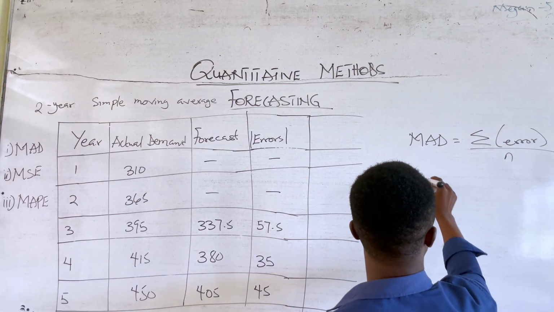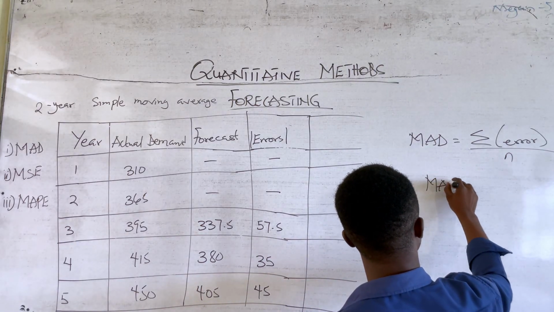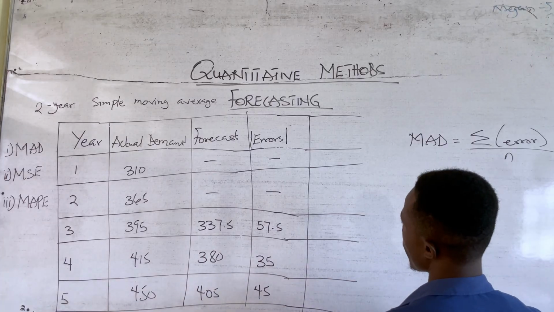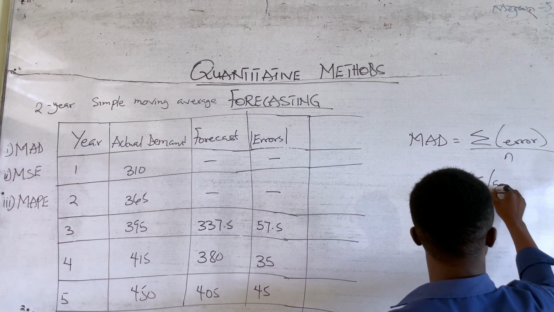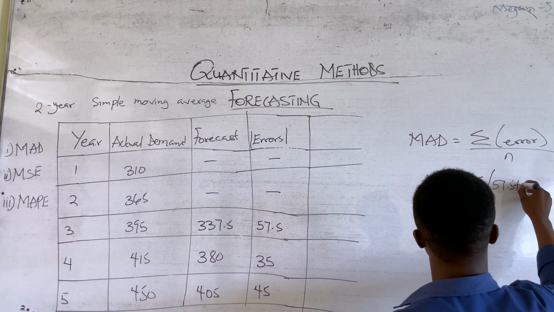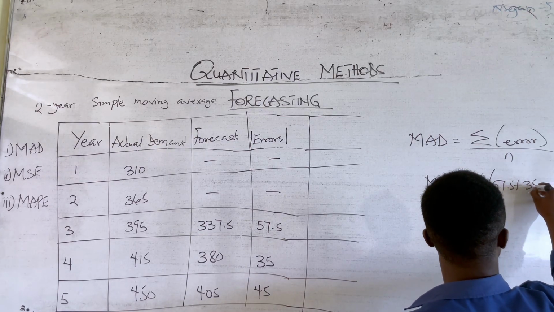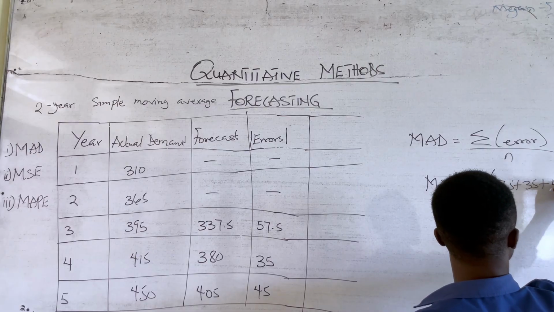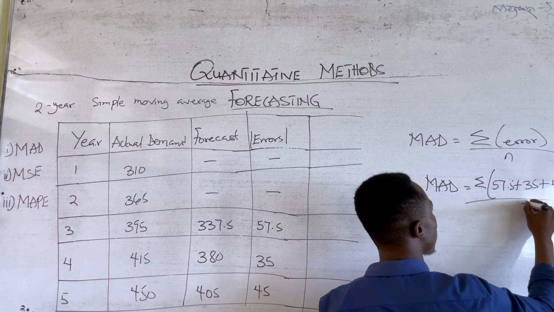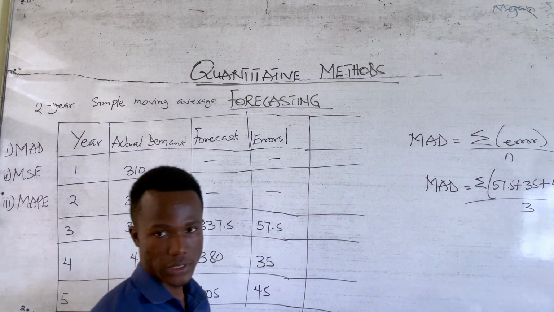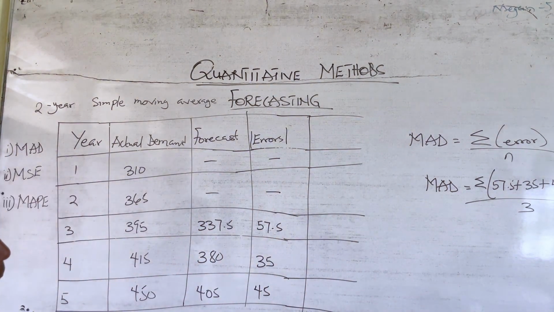So we have MAD equal to the summation of the first one, 57.5, plus 35 plus what? 45. Then we divide everything by 1, 2, 3.